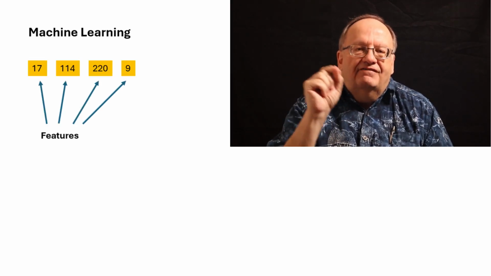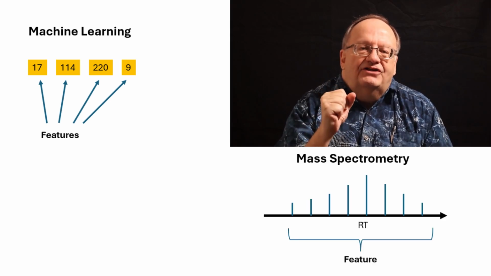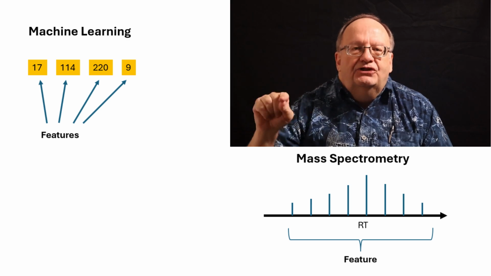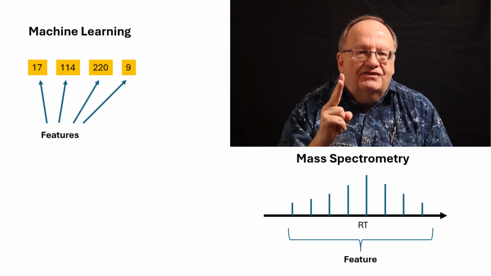Let's look at the nature of the features that we get in mass spectrometry. Now, we need a short definition here. In machine learning, a feature is a particular data value that we're going to consider. In mass spectrometry, a feature is actually a distribution of a molecule, particularly over retention time. They're two different things.